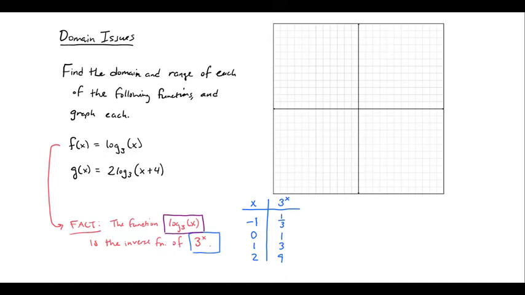That gives me enough information to start graphing. So I have 0, 1, I have 1, 3, I have 2, 9, and then after that the function increases very sharply and goes beyond my graphing window. I'll put a point at about 1/3, and after that the function heads towards y equals 0 pretty quickly.